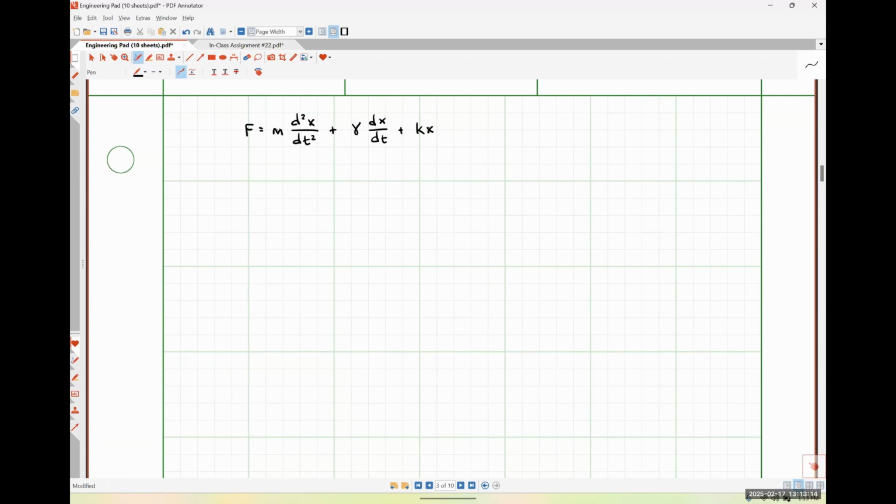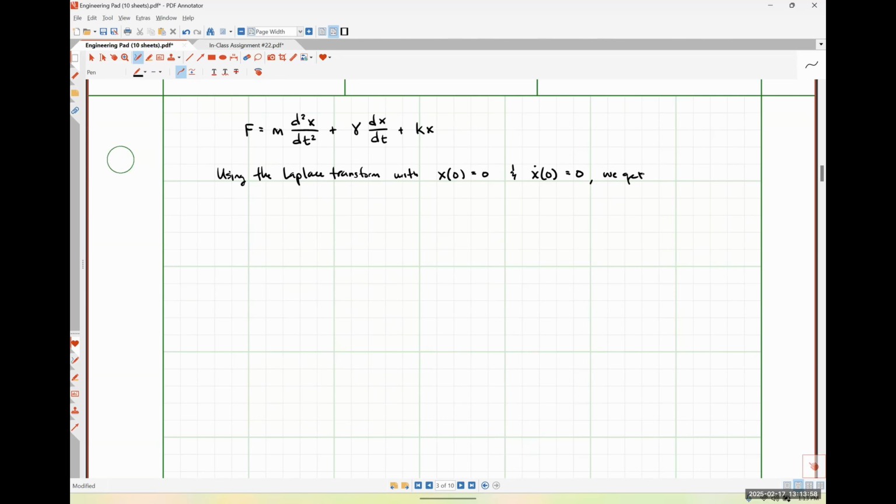Okay? So what I'm going to do is use the Laplace transform with the following conditions. My displacement at time equals 0 is 0, and my velocity at time equals 0 is 0. These are just the initial conditions on my second order differential equation.